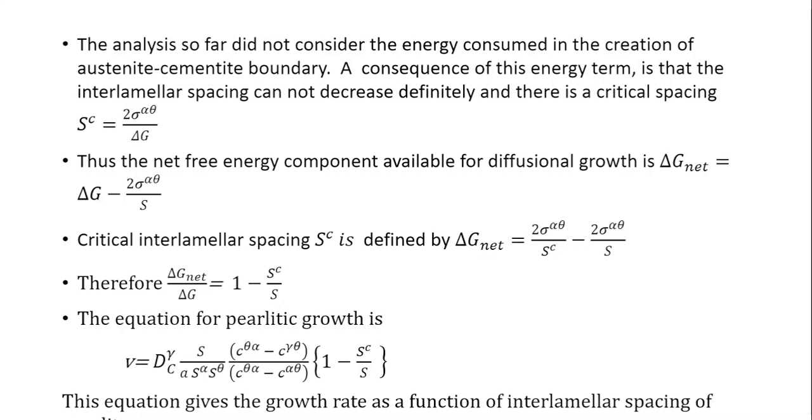So the critical interlamellar spacing is defined when delta G net is equal to 2 sigma alpha theta by SC minus 2 sigma alpha theta by S. Consequently, delta G net over delta G is equal to 1 minus SC over S. So what we are doing is accounting for a term of energy consumed in the creation of the austenite cementite boundary.